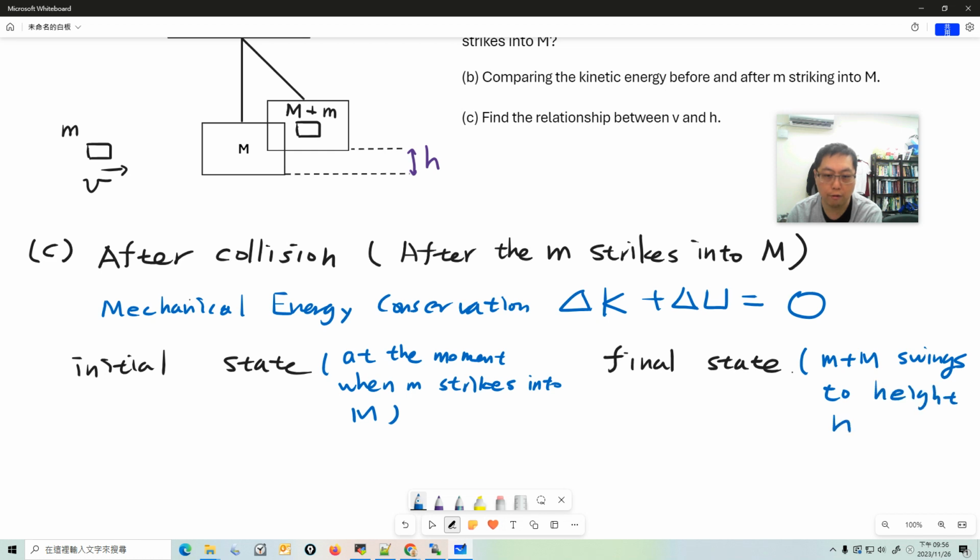So the initial state is right at the moment when the bullet strikes into the capital M, and it then swings up to height h. That's our final state.